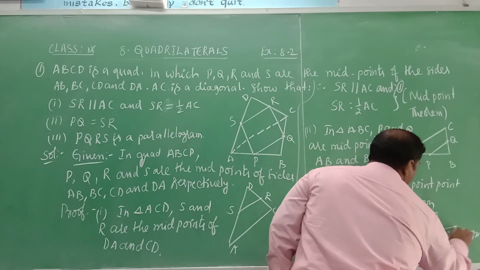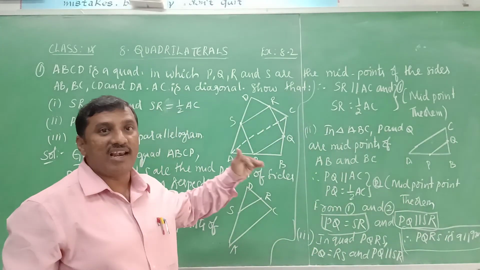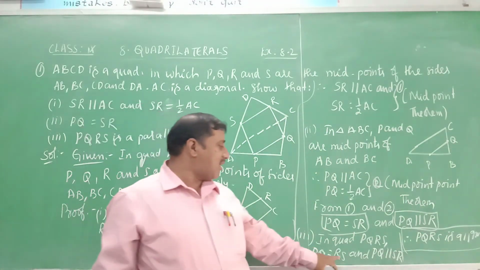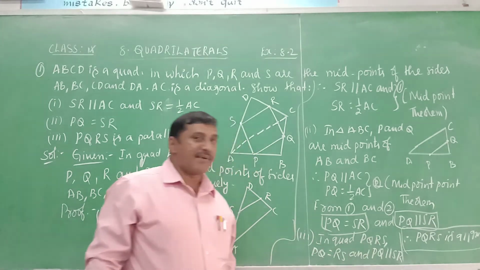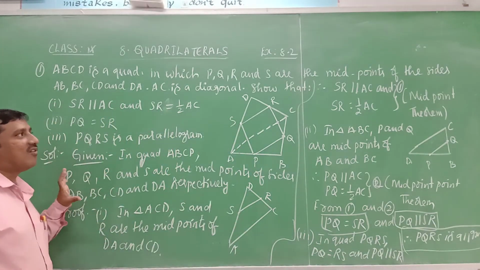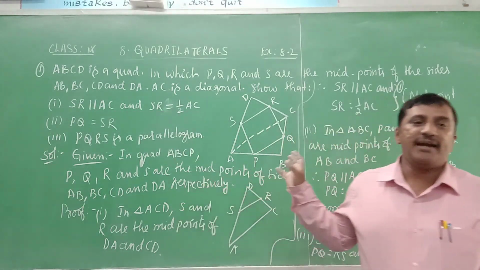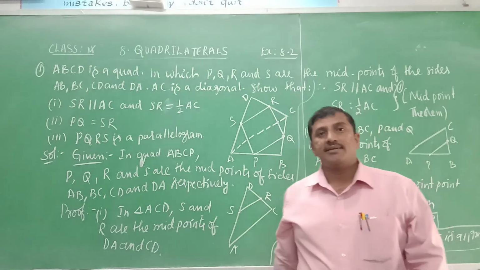Why is it a parallelogram? Since one pair of opposite sides are equal and parallel. Therefore, it is a parallelogram. Like this, we can show these identities by using the midpoint theorem. Is it clear, children?